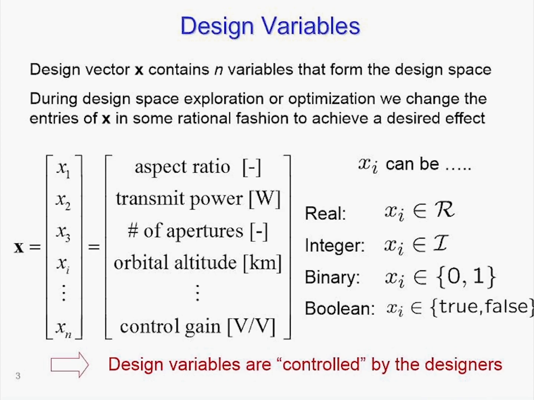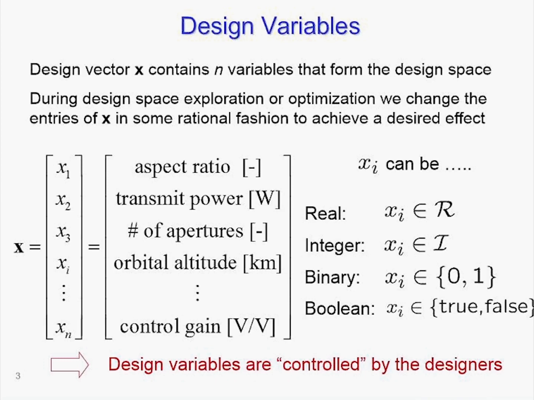So a nice visual picture that I like to have in mind is that the design space is like a landscape. It's got hills, mountains, it's got valleys, it's got flat regions. The dimensions of the landscape are the design variables. So you can think about 2 design variables, x1 and x2. And then the height of the landscape is the objective function, right?